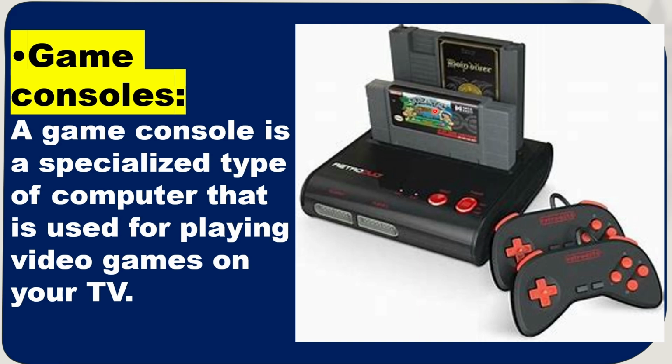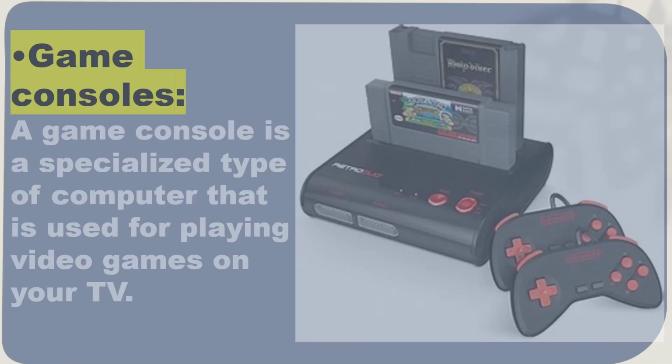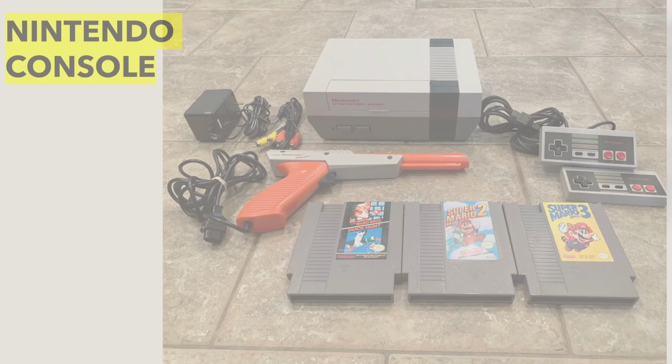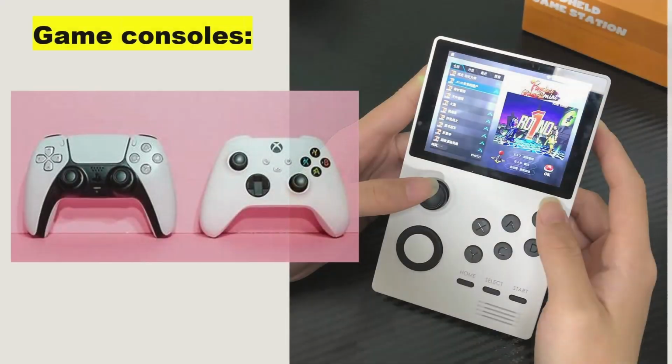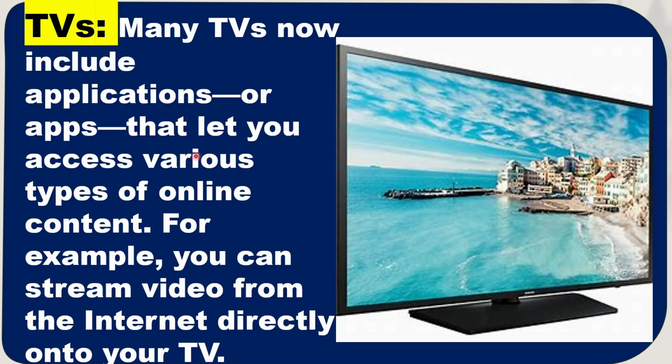Here are some key examples of game consoles. Next one is TVs. Many TVs now include applications or apps that let you access various types of online content. For example, you can stream video from the internet directly on your TV.